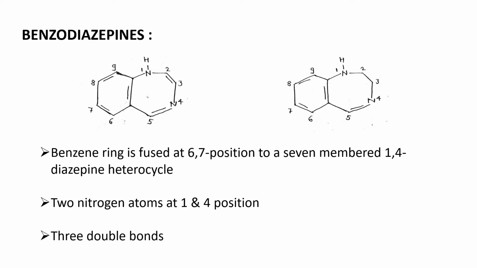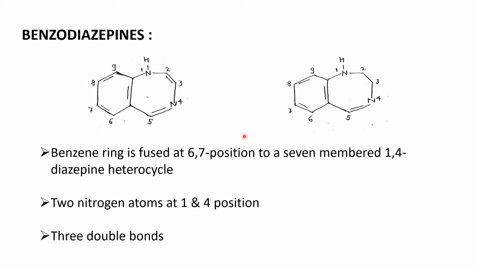At the first and fourth positions, nitrogen heteroatoms are present, 2 nitrogen atoms are present, therefore 1,4-diaza, aza means nitrogen, and this is the 7-membered heterocyclic ring known as azepine. Therefore it is 1,4-diazepine. This is the structure of 1,4-diazepine.